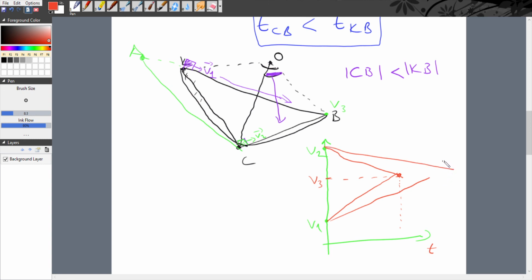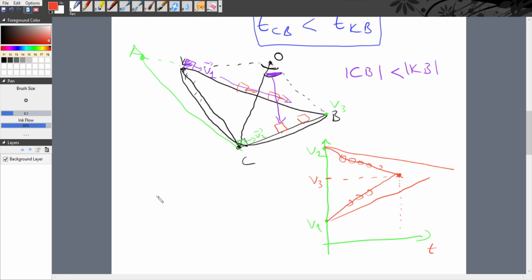But we will know that at reaching this point, v2 has always bigger velocity than v1. So an object moving on this side will always have lower velocity than the object moving on this side. And we also know that the length of CB is smaller than KB.